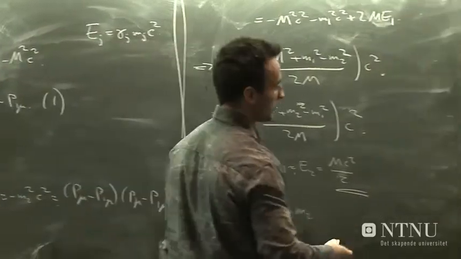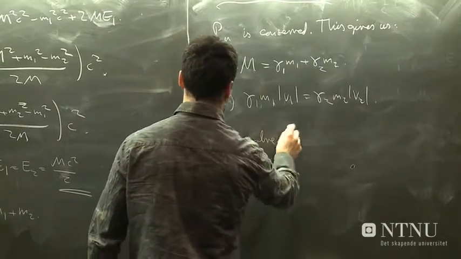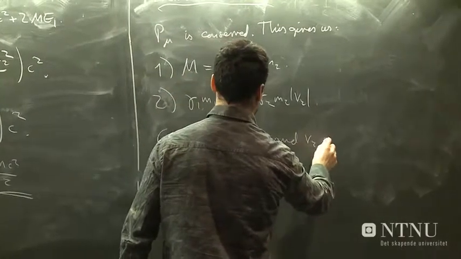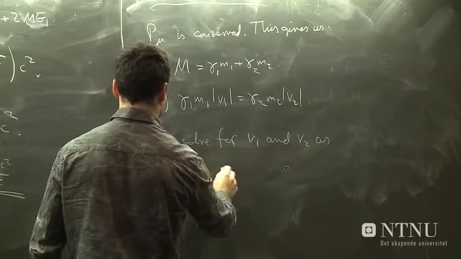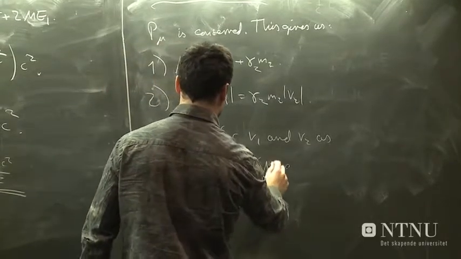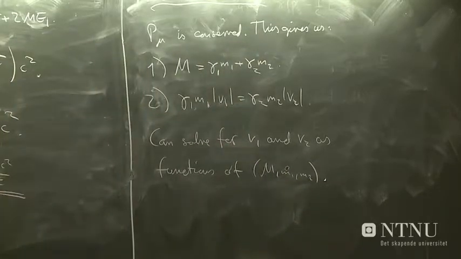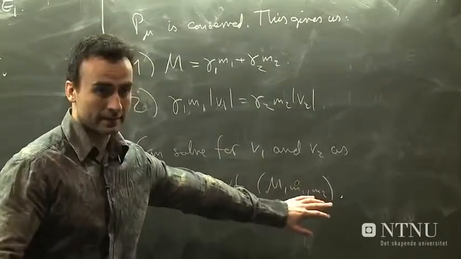So from this, we should be able to solve for v1 and v2, the resulting velocities, as functions of the masses in the system.